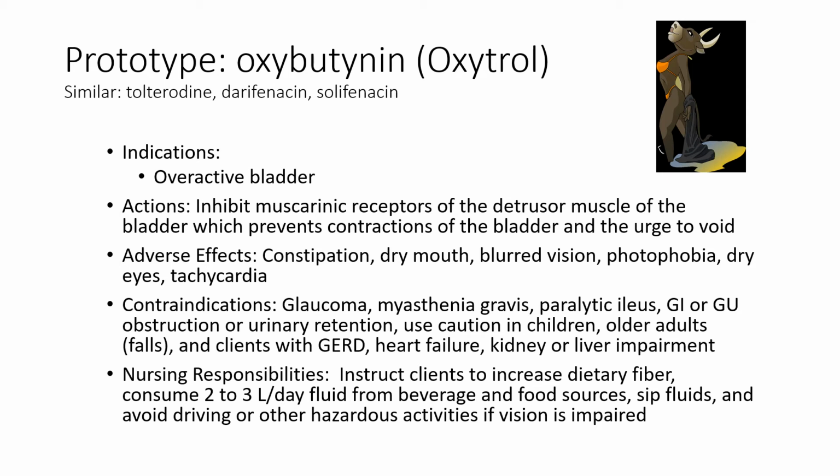That's not great for daily living because you're going to be incontinent and you're going to have urges all the time. So we want to settle down the detrusor muscle of the bladder with an anticholinergic drug. Oxybutynin is the prototype for this one. It prevents contractions of the bladder and allows it to fill more before you have this strong urge to urinate.